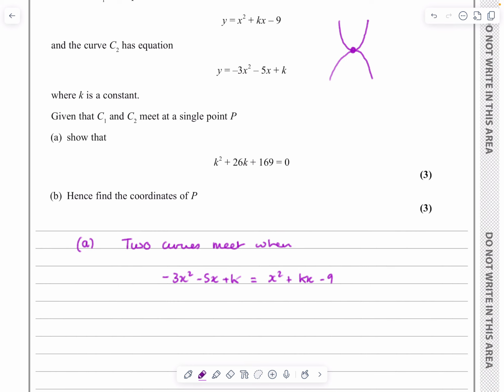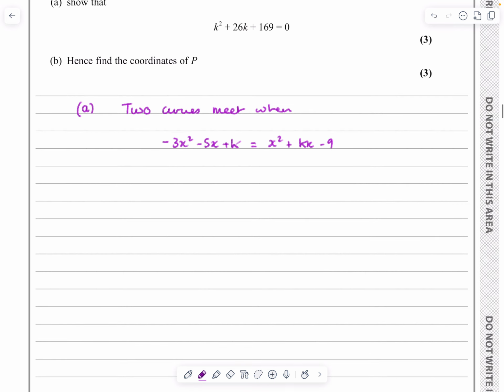So let's do the quadratic equation first of all, which means just tidying this up. I'm going to get all the x squareds onto this side here. So I'm going to get 4x squared. I'll get the x's over to that side as well. I'm going to have plus kx plus 5x, I'm going to have the constants on the other side, so minus 9 minus k. That's all equal to 0.